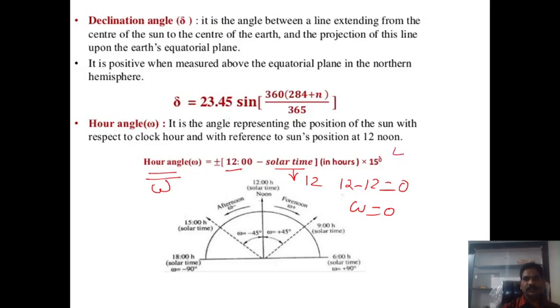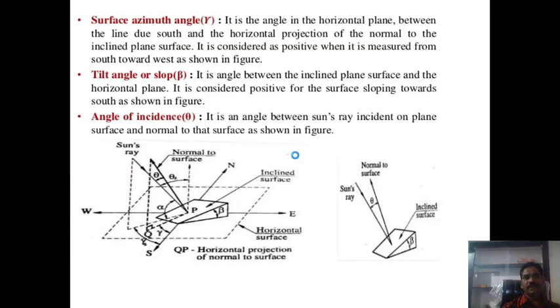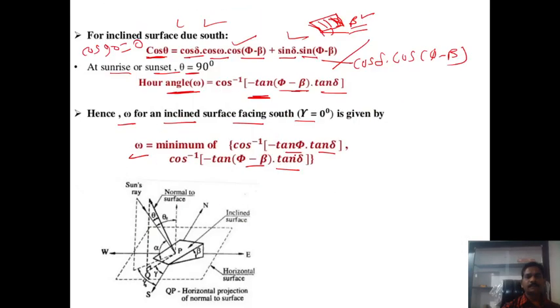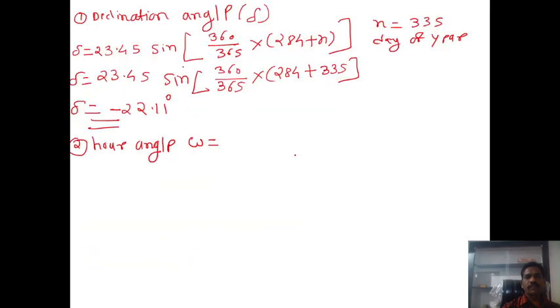We just have to use it. Hour angle is equal to plus minus 12 minus solar time, into 15 degree. So 12 minus local solar time into 15 degree.